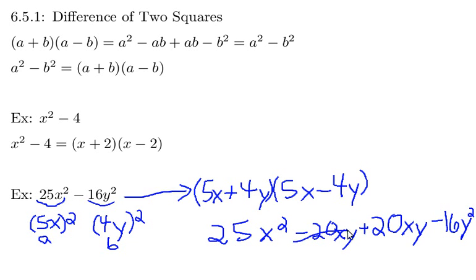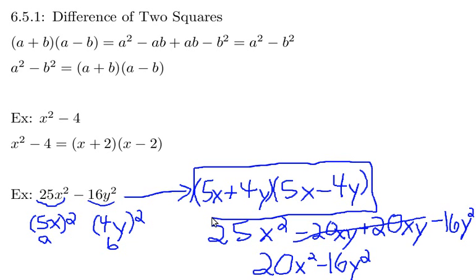So these two terms cancel out, and we get 25x squared minus 16y squared, which is what we were given originally. So that means that this answer is probably right. So I'll write that down at the bottom here. We have 25x squared minus 16y squared equals 5x plus 4y times 5x minus 4y.